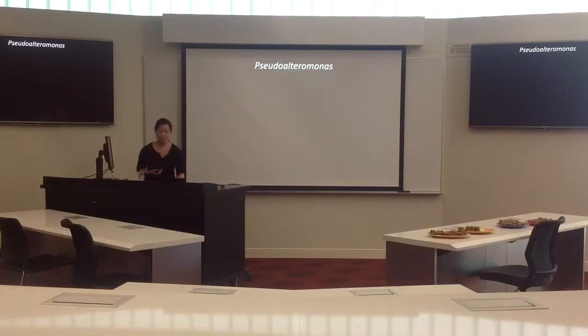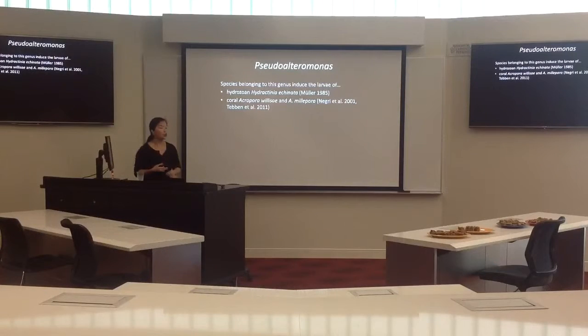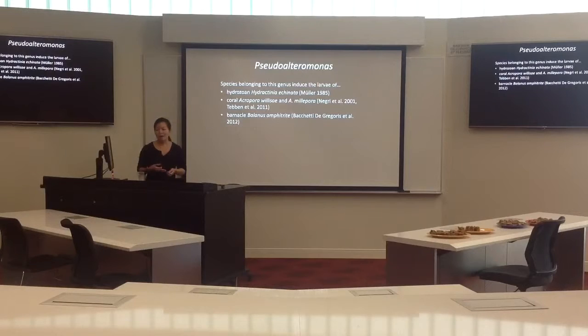What's really interesting about this particular genus, Pseudoalteromonas, is that species belonging to this genus often induce an array of larvae, several different types of marine invertebrate larvae, in fact. This includes the hydrozoan Hydractinia, which is used in a lot of cnidarian development studies, 2 species of Acropora coral, as well as the barnacle Balanus amphitrite.